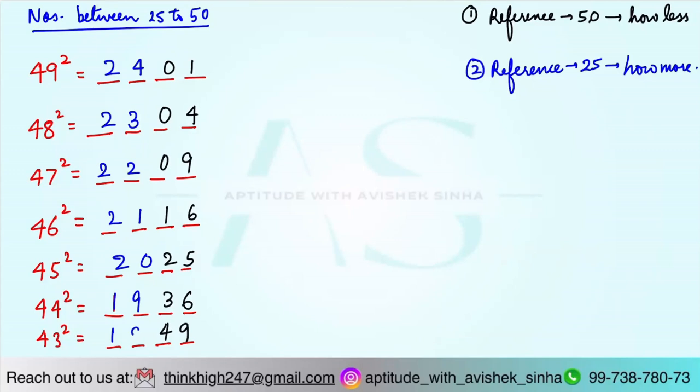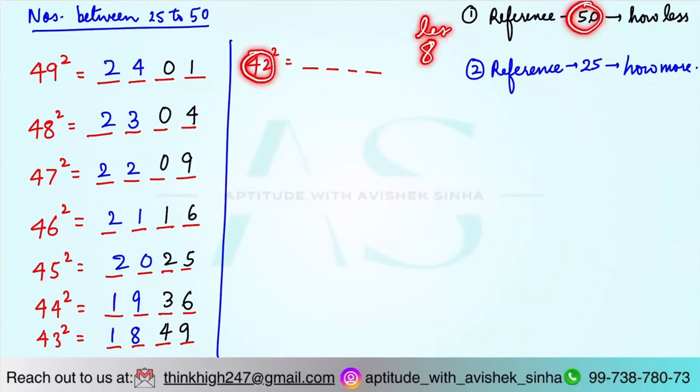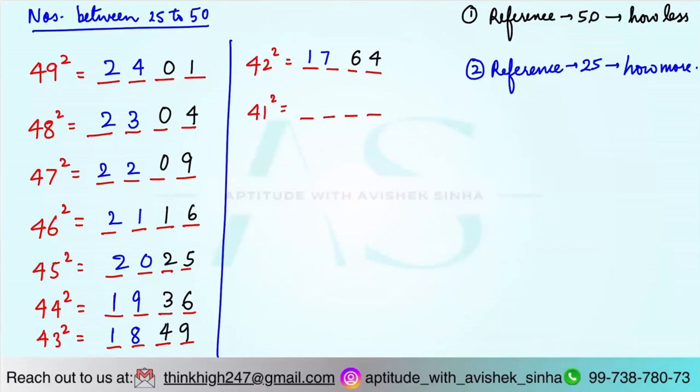It is 18 more. What about 42 square? 42 is 8 less. 8 square is 64. So the last two digits are 64. And then how much is it more? It is 17 more than 25. Next, what about 41? 9 less, so 81. And then it is 16.